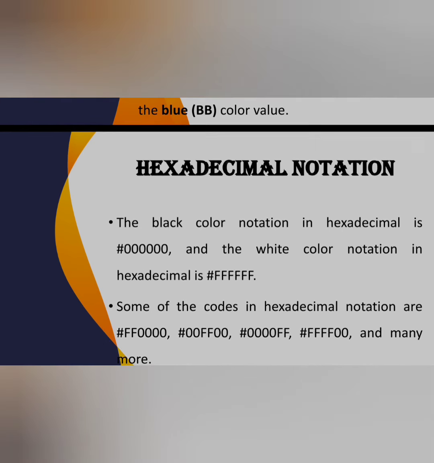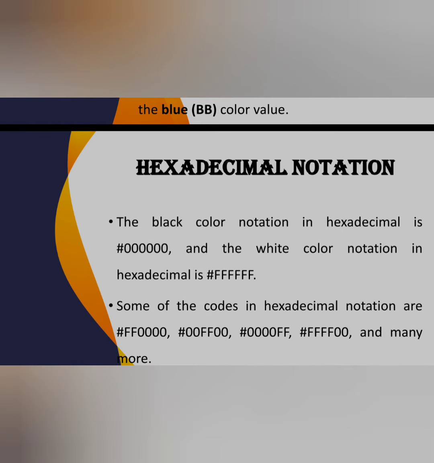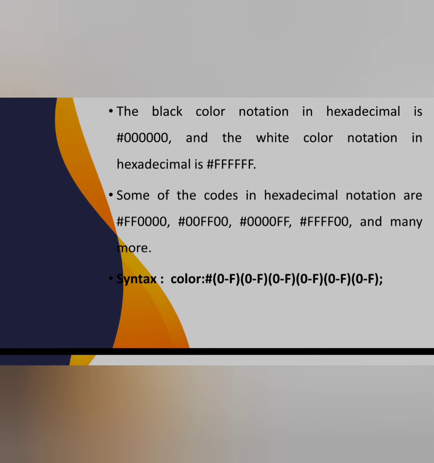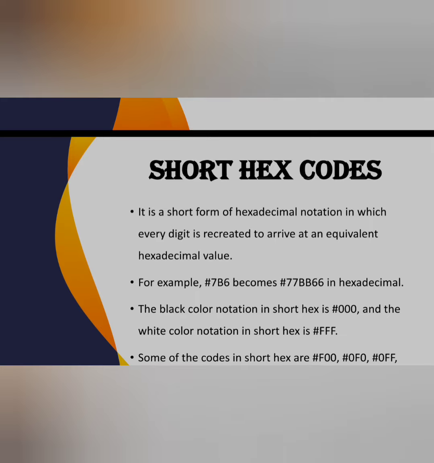The black color notation in hexadecimal is #000000 and the white color notation is #FFFFFF. Some of these codes are #FF0000, #00FF00, #0000FF, #FFFF00 and many more.